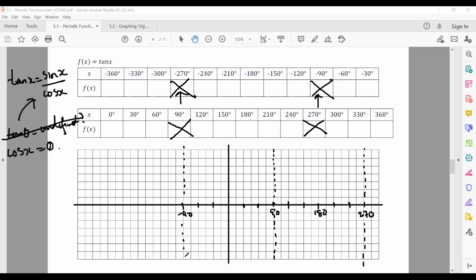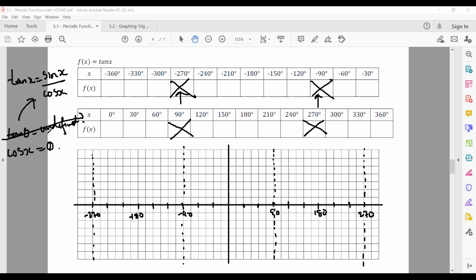In other words, asymptotes repeat every 180 degrees. Okay, following.